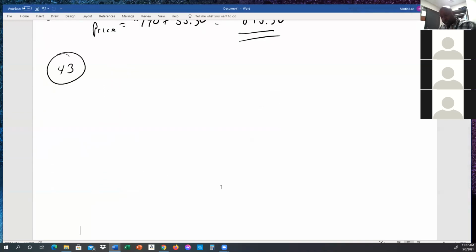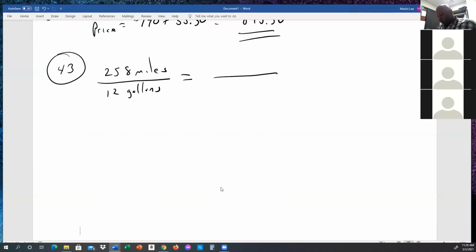Okay, number 43. During a 258-mile trip, a car used 12 gallons of gas. How many miles would we expect the car to travel on 1 gallon of gas? So we travel 258 miles, and we use 12 gallons of gas.